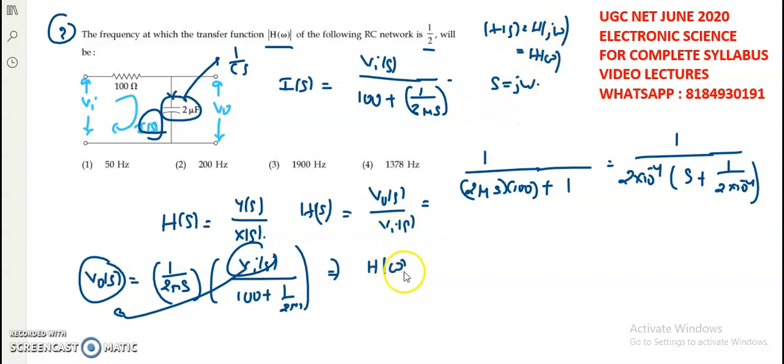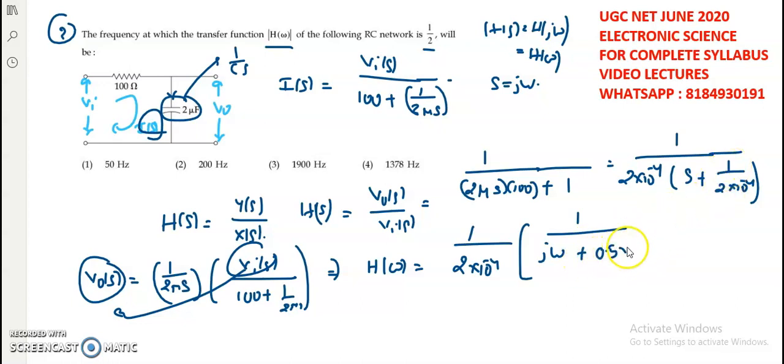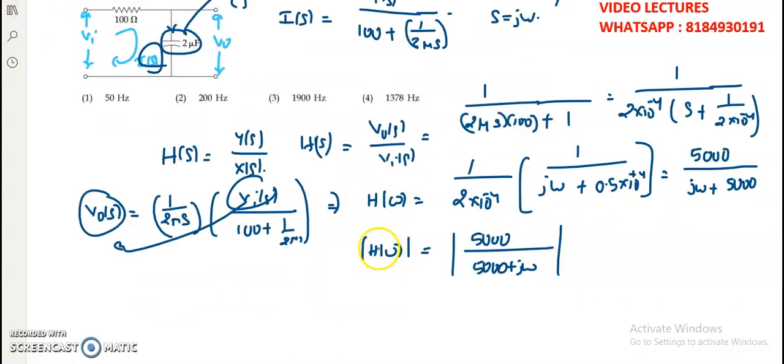Then H of omega is equal to 1 divided by 2 into 10 power minus 4, 1 divided by J omega plus 1 by 2, which is 0.5 into 10 power plus 4, right? If I take the modulus, then modulus of H of omega is equal to modulus of 5000 divided by 5000 plus J omega.